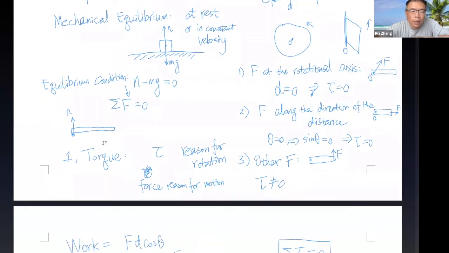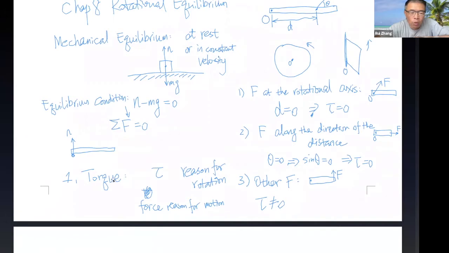Well, when you have something that has the potential to rotate, you need an additional condition to take care of that possibility. And that is where we need this new quantity called torque, which is the only quantity we want to introduce in this chapter, and the quantity you need to learn.